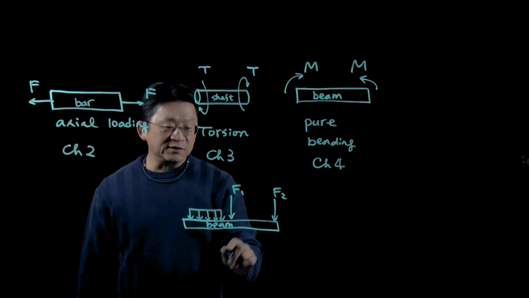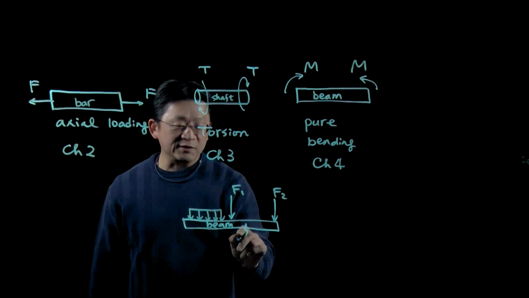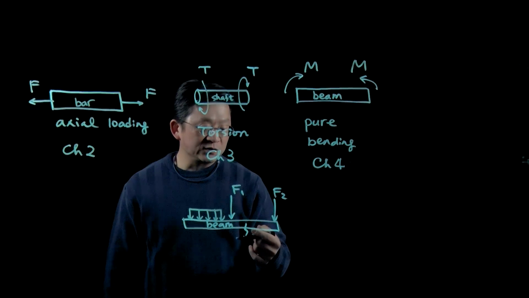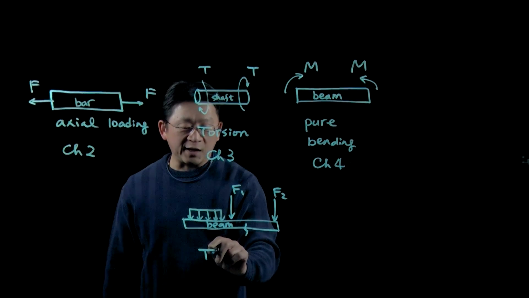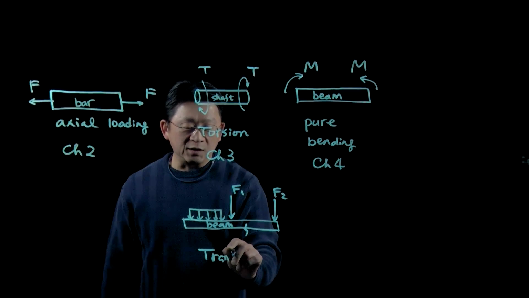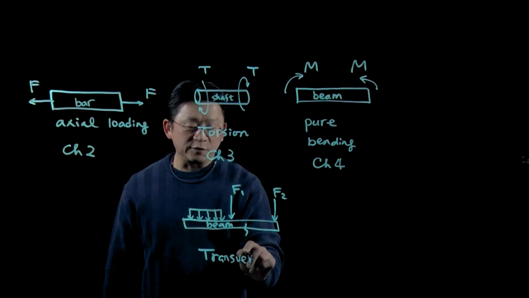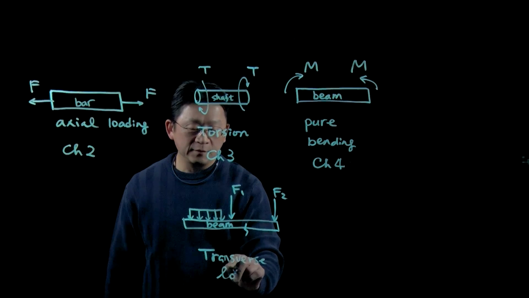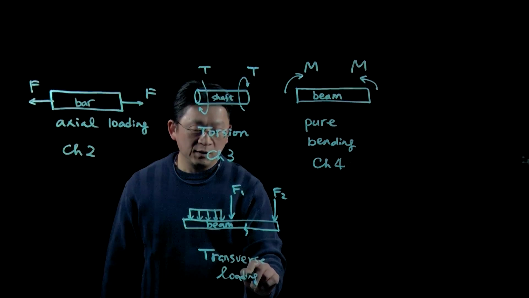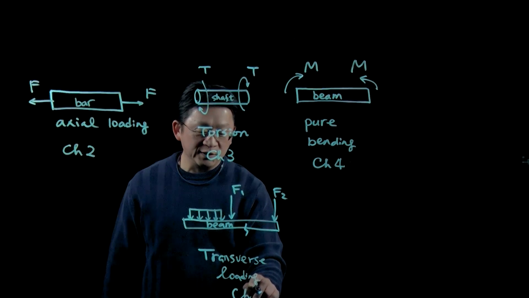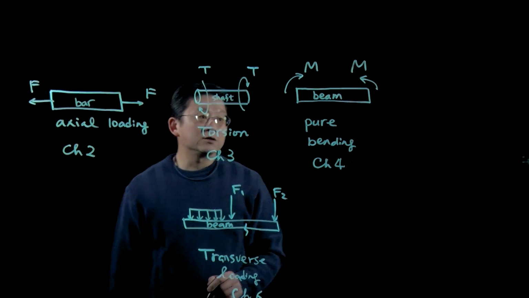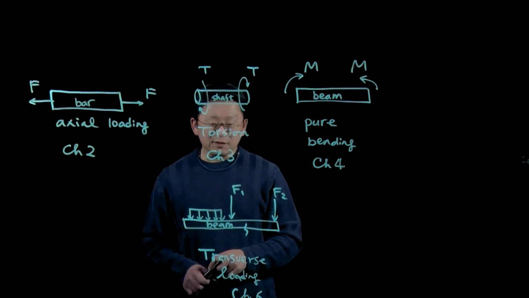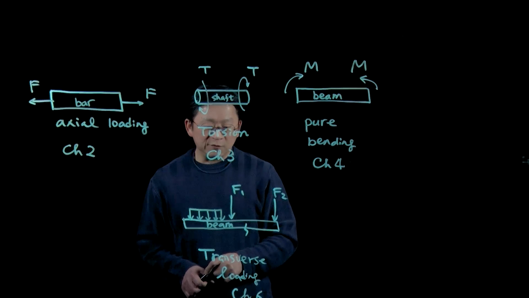For this case, we expect multiple types of response to appear inside, and in particular we call this loading type transverse loading. In terms of the new version of our textbook, that should be in chapter 6. So that is the first half of mechanics of materials.